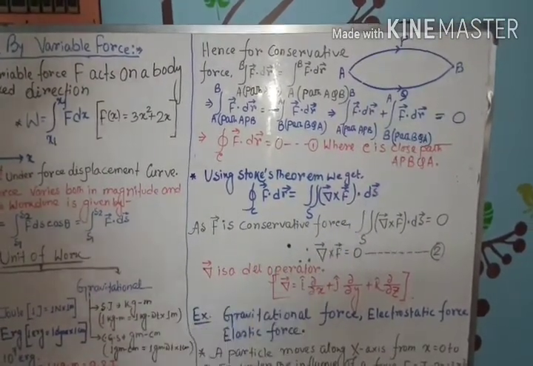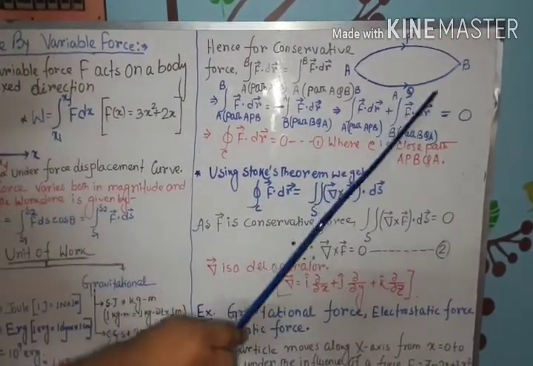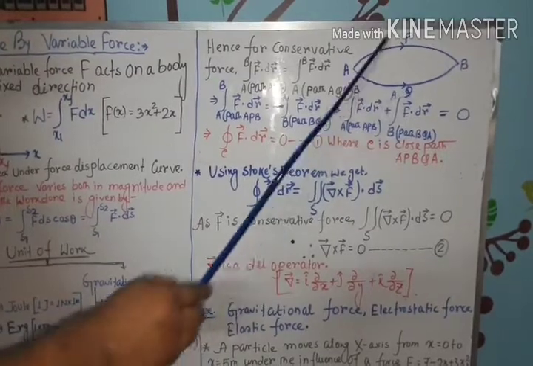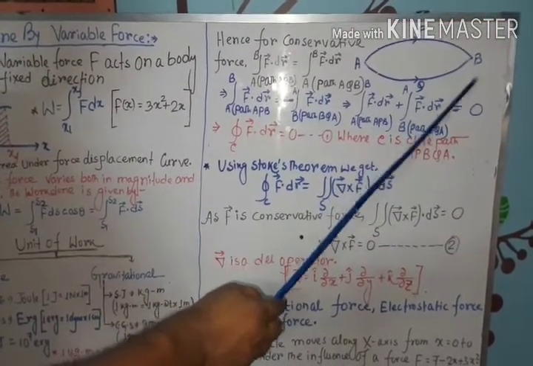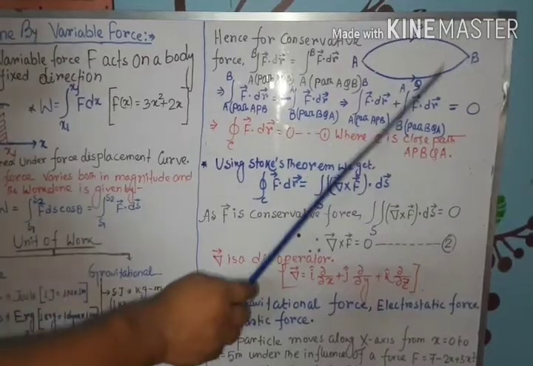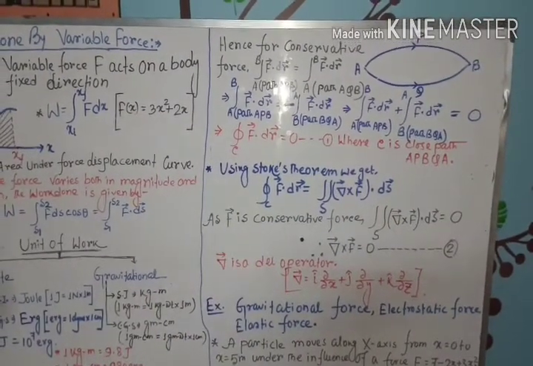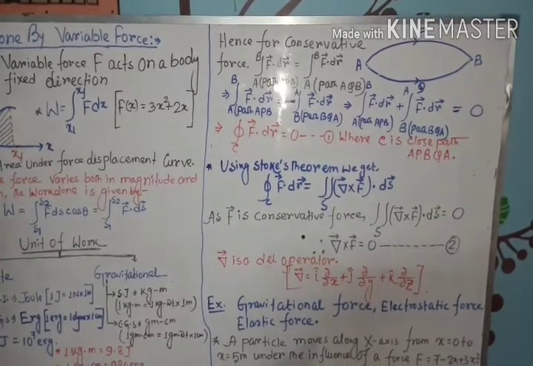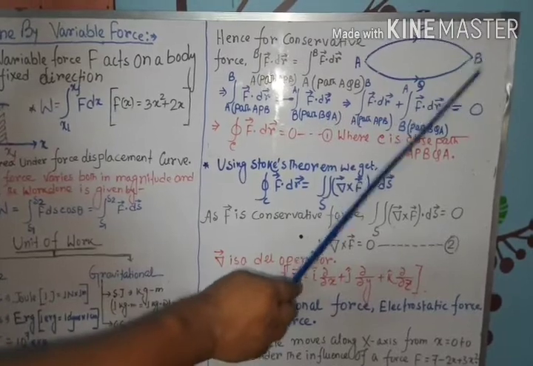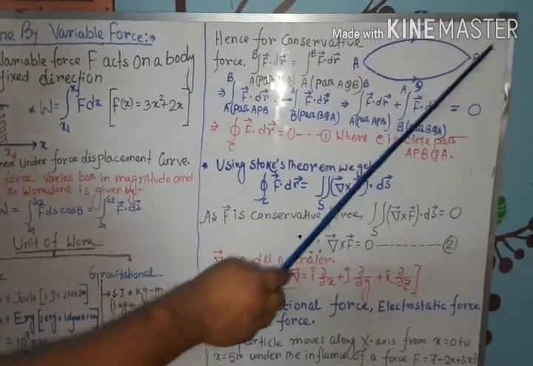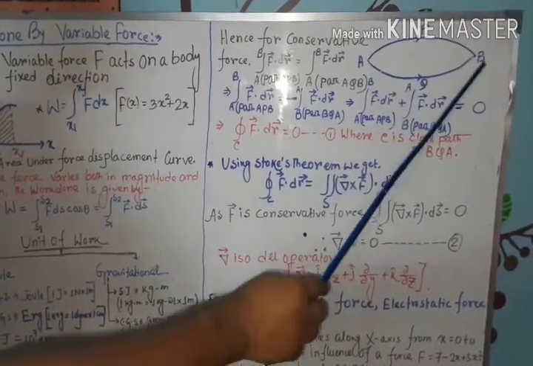APB is path 1 and AQB is path 2, and the displacement of this object under these two paths from A to B occurs under a force. That force is said to be conservative if the work done in displacing the object from A to B under this force only depends on the initial and final position, not on the nature of the path followed.